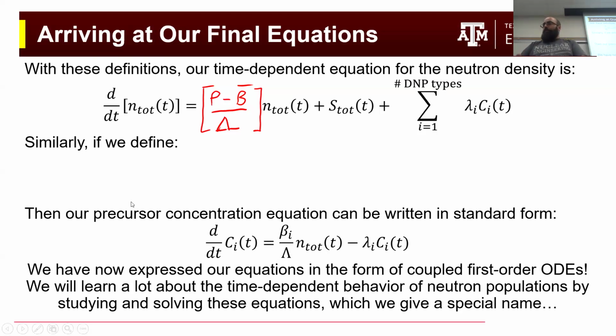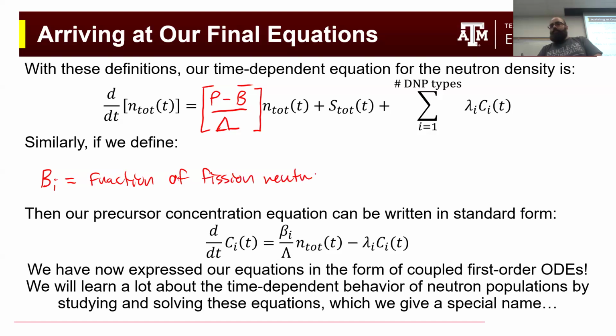And then the only other thing we want to define is the delayed neutron fraction for type I delayed neutron precursors. So that's my beta I. That's my fraction of fission neutrons that are type I delayed.